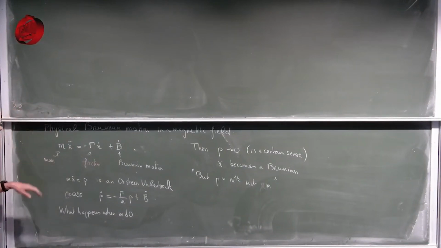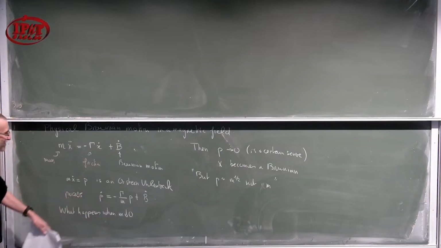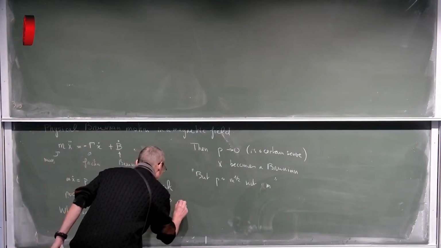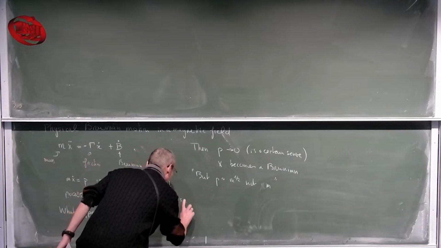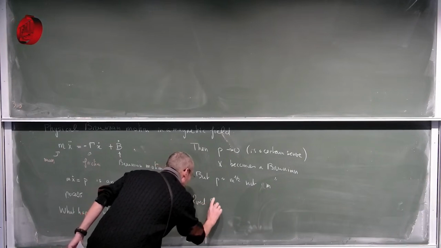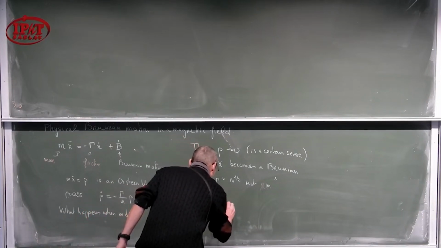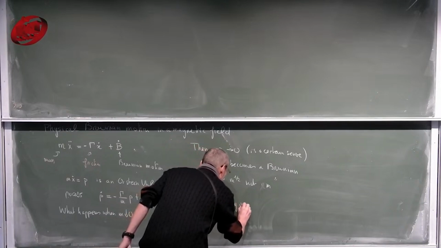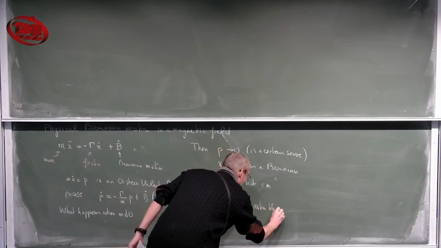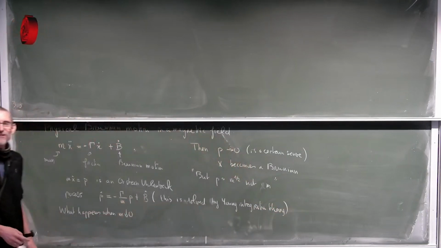By the way, if you solve this equation, this can be solved. This is just a side remark, by Young integration theory. Of course, there is a Brownian motion here, so you could do it by stochastic calculus.